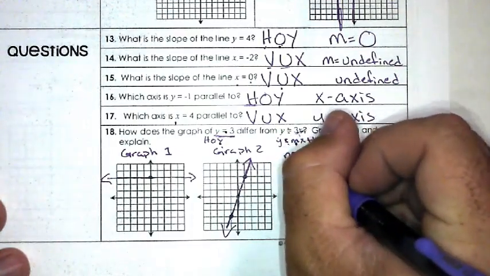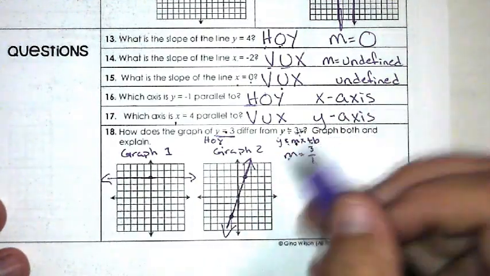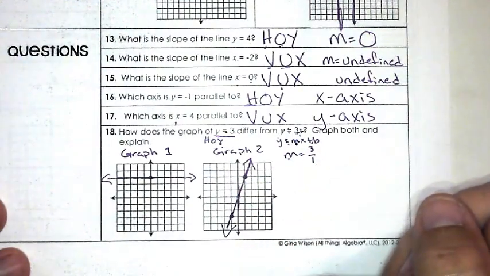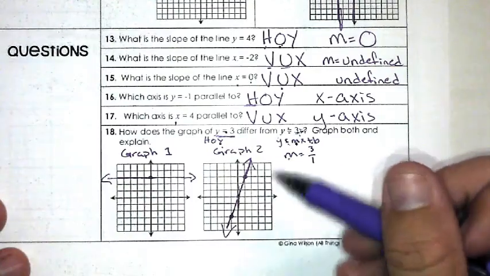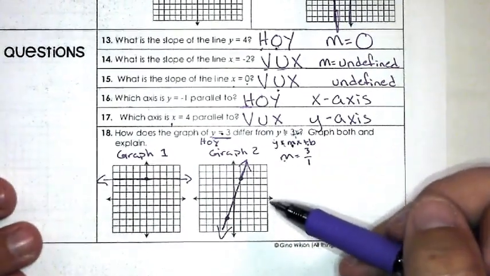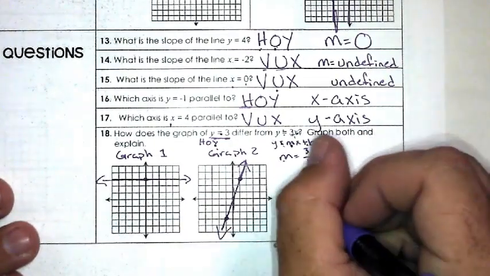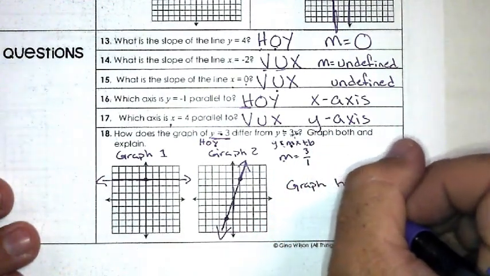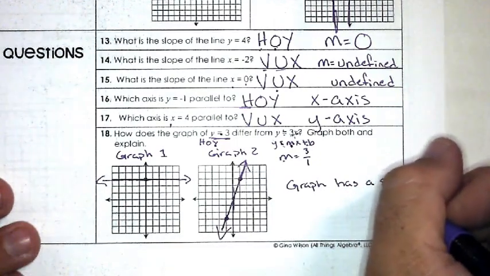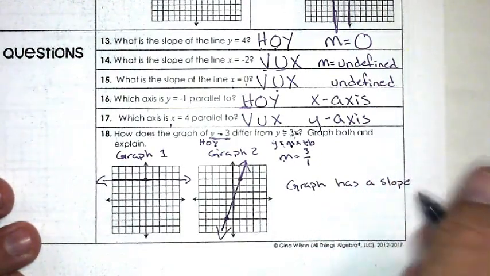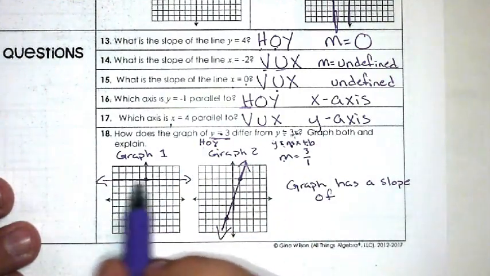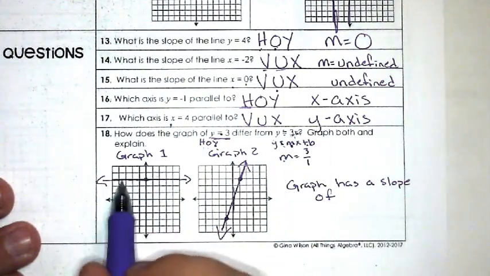The difference is graph 1 has a slope of 0. Because it's a what type of line? Horizontal line. Graph 2 has a slope of 3 over 1.